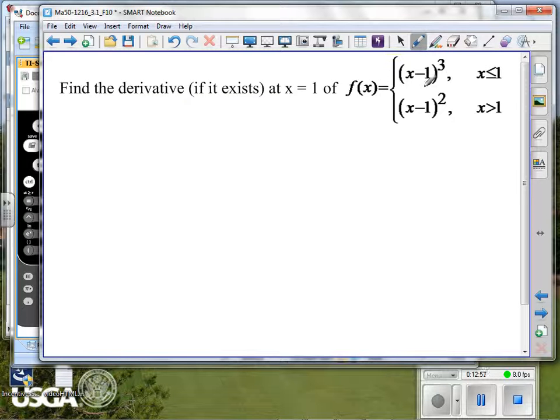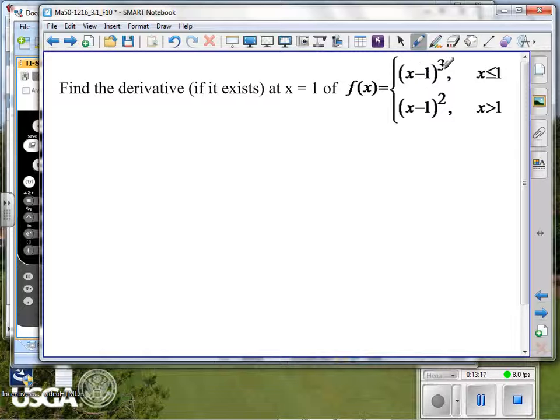Is this function continuous everywhere? Well, let's see. X minus 1 quantity cubed, is that piece of the function continuous? How do you know? It's a polynomial. Absolutely.